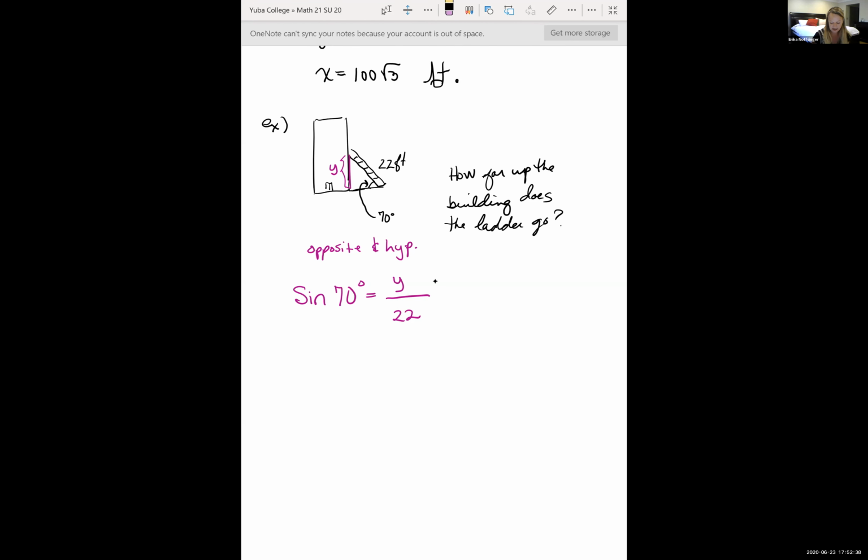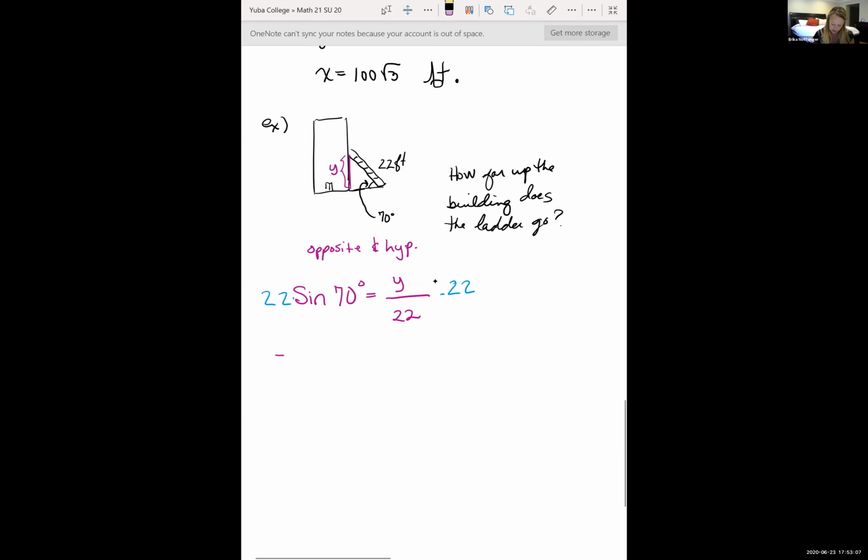And so we can get y by itself by multiplying both sides of our equation by 22. So 22 times sine of 70 degrees. Make sure we're in terms of degrees.